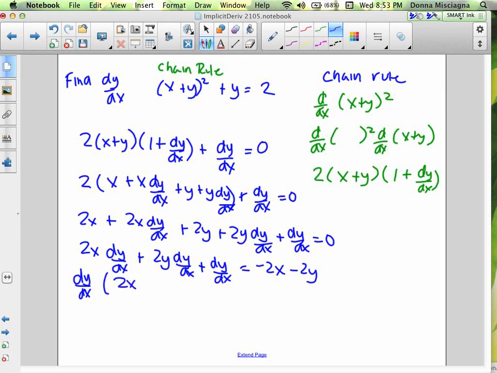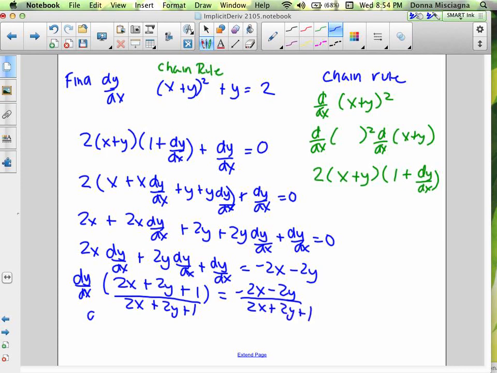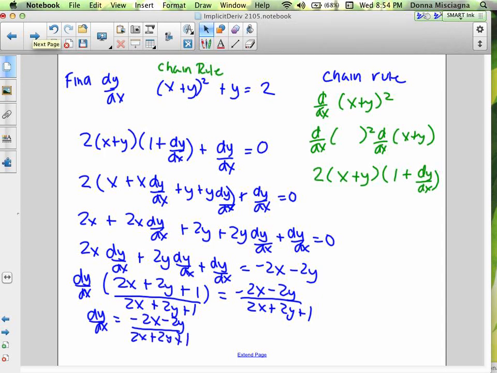We have 2x plus 2y plus, well, dy dx divided by dy dx is 1. Equals negative 2x minus 2y. And then just divide both sides by 2x plus 2y plus 1 to isolate dy dx. So dy dx equals negative 2x minus 2y divided by 2x plus 2y plus 1. And no reducing can we do.